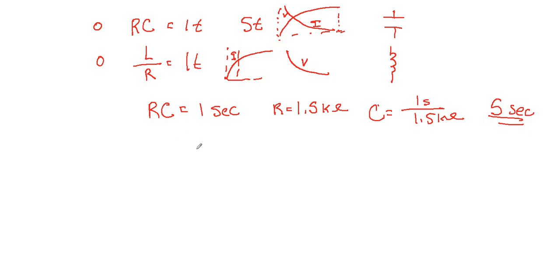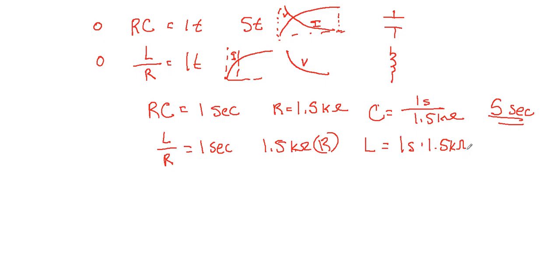If we wanted to have the same thing for the inductance, I'm just putting that in there to make sure it's clear. And if I had 1.5 k ohms as my R, I would say that L is equal to now 1 second times 1.5 k ohms.